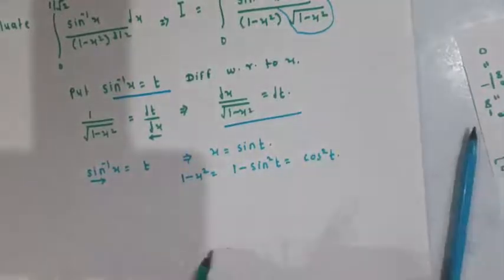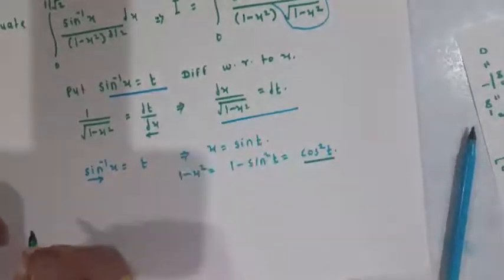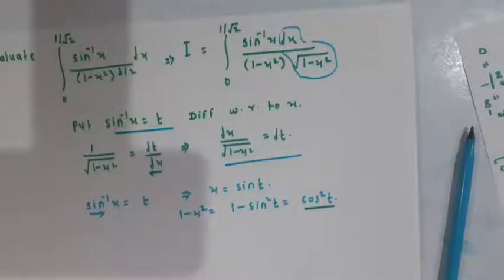Okay, now let us put all these values in the given integrand. And students, question number 2 is a very important question, because all the problems we have to solve by the substitution method.